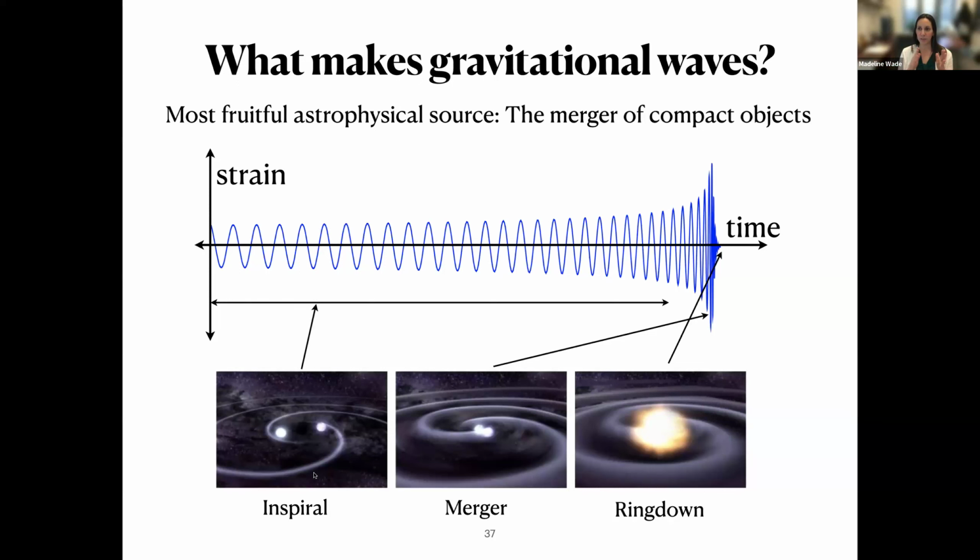So as the wave comes through, they're going to get closer and further, and the wave's amplitude is going to increase, and the frequency, the rate at which things are getting squished and squashed, is going to increase with time until these objects merge. When these objects merge, they are going to settle down into a new object that's nice and spherically symmetric, and it turns out does not cause any gravitational waves.